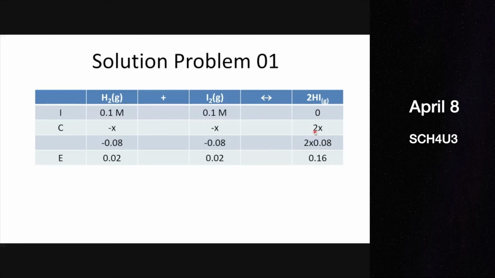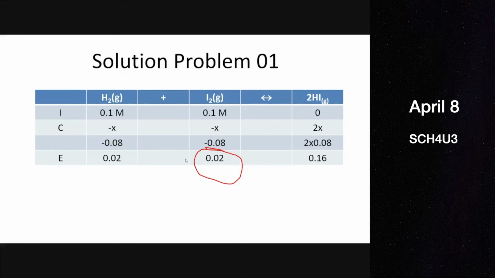Now the problem says at equilibrium, we had this value. The problem says we actually had 0.02 moles left when the system achieved equilibrium. That's the value that is given to you. So you can say that 0.1 minus X gives you 0.02. That's what you really have here.